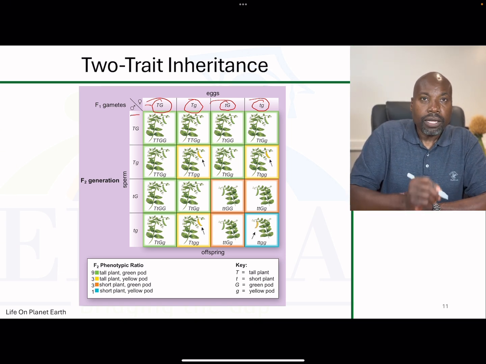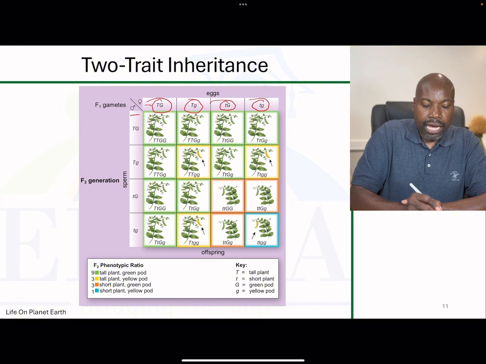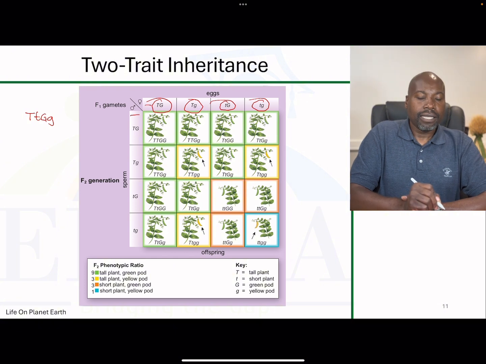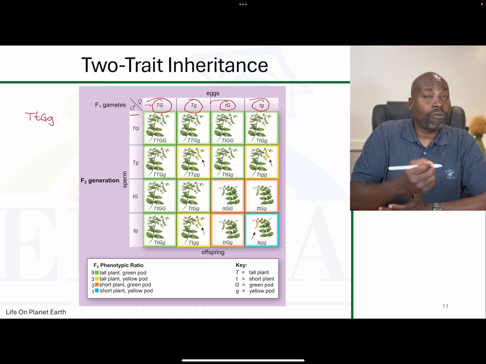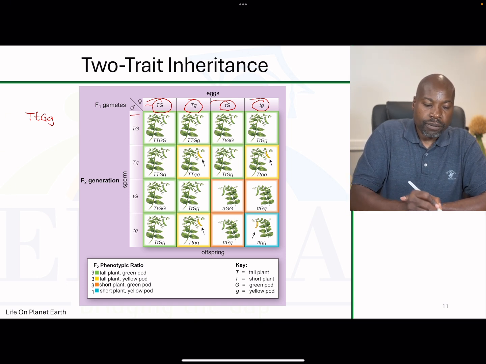So the individual, say, is capital T, lowercase t, and capital G, lowercase g, right? That would be a double hybrid. So for producing the gametes, to find out actually the possible gametes that it can produce, say we have this capital T, right?